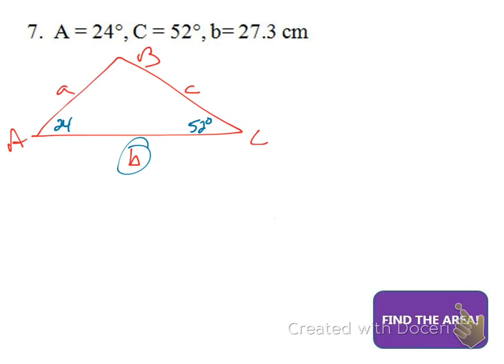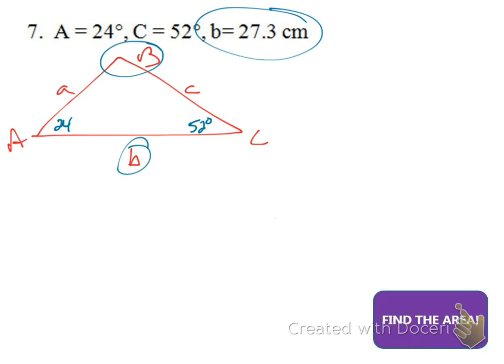Well, in order to do that, we've got to know angle B. Since we know side B, we're going to have to find angle B, and then we're going to use the law of sines to find either side A or side C, and then use that in an area formula to find the area.